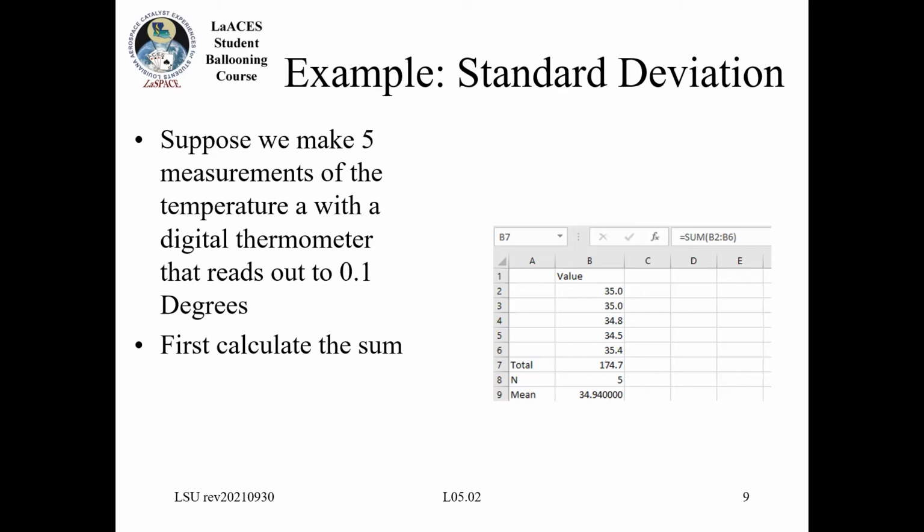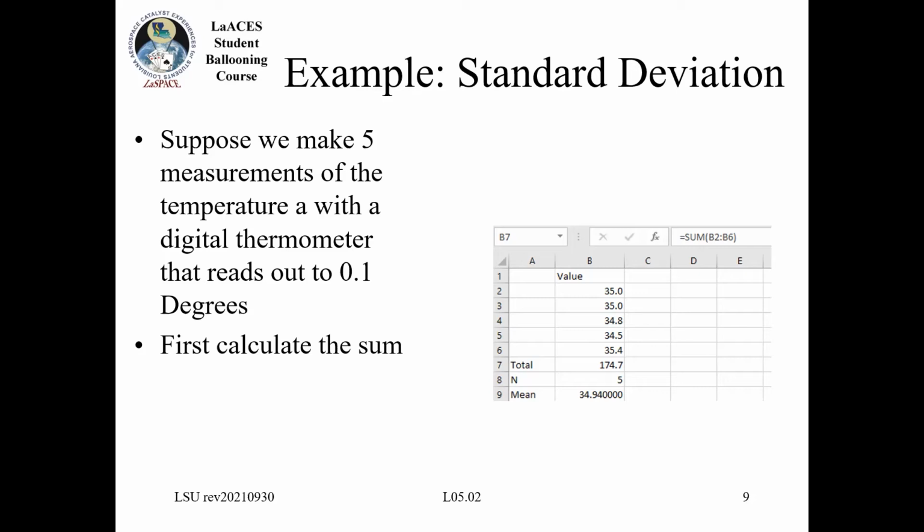So let's assume I took 5 measurements of the temperature of the water bath, with the assumption that these are repeated measurements of the same water bath at the same temperature, right? I've got a pretty decent digital thermometer, and it reads out to a tenth of a degree. And I did this 5 times.